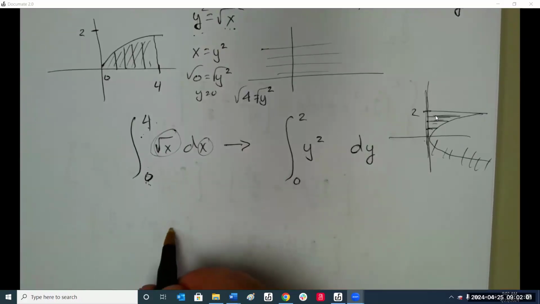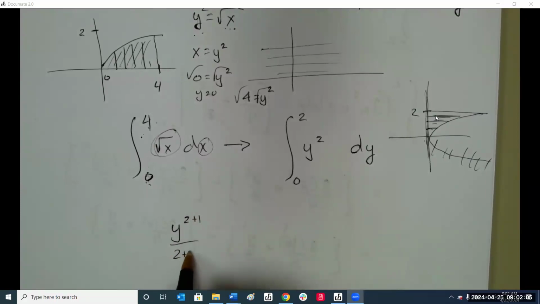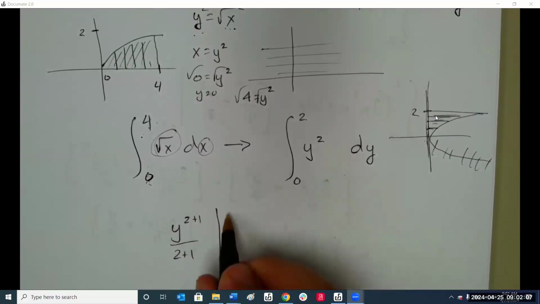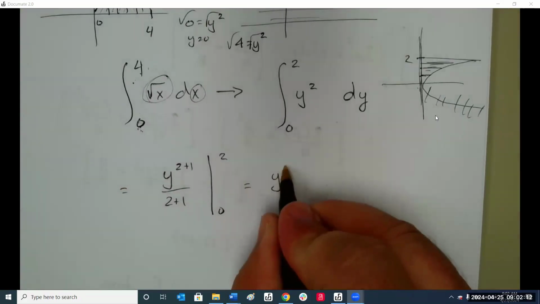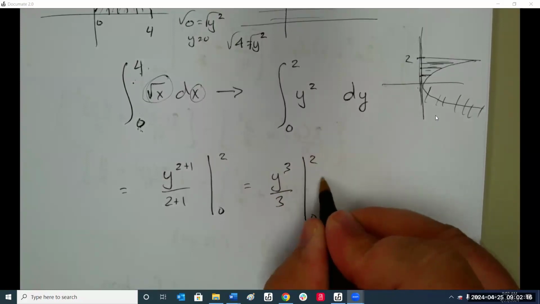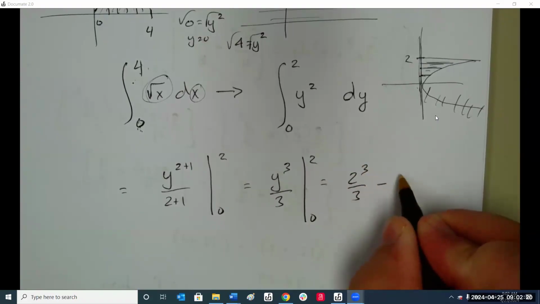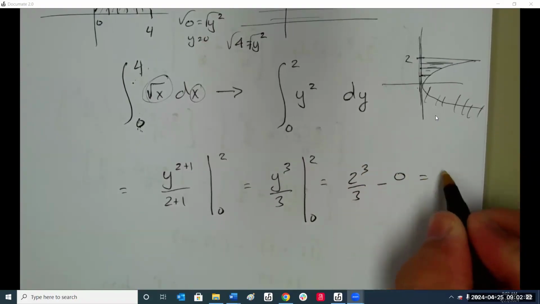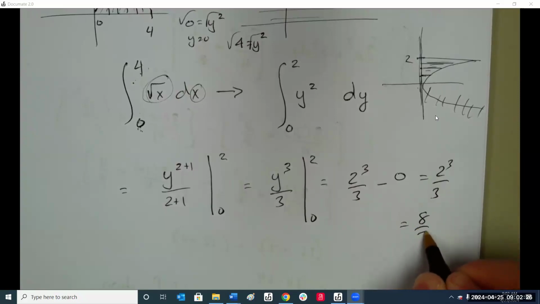So integrate that, you get y cubed over 3 from 0 to 2. So it's 2 cubed over 3 minus 0, which is 8 over 3.